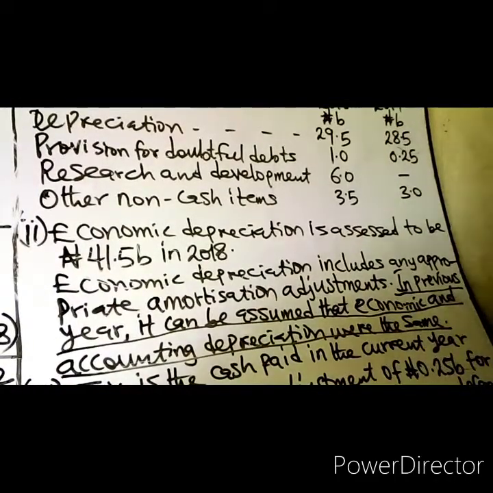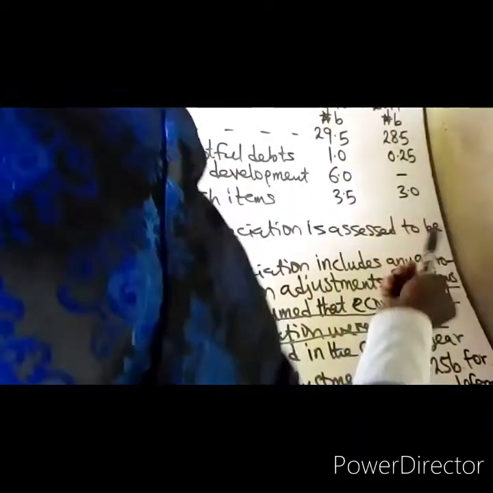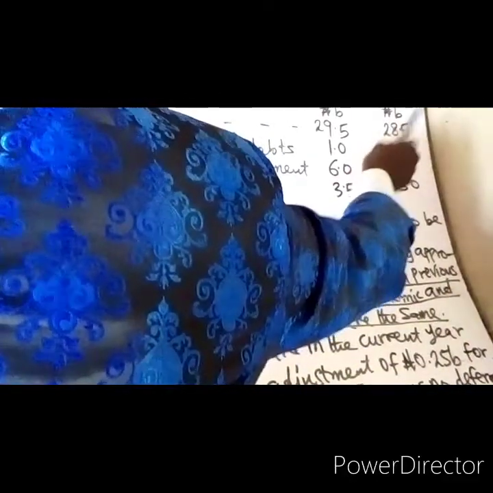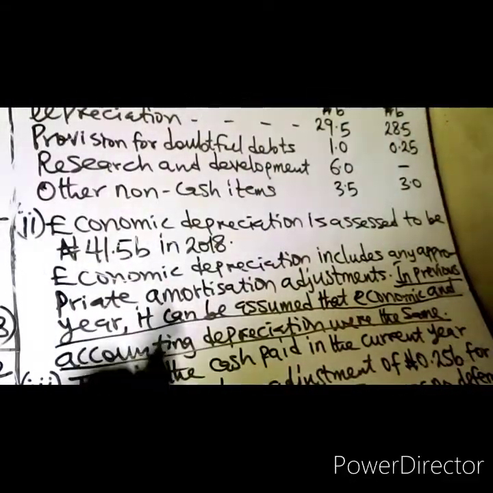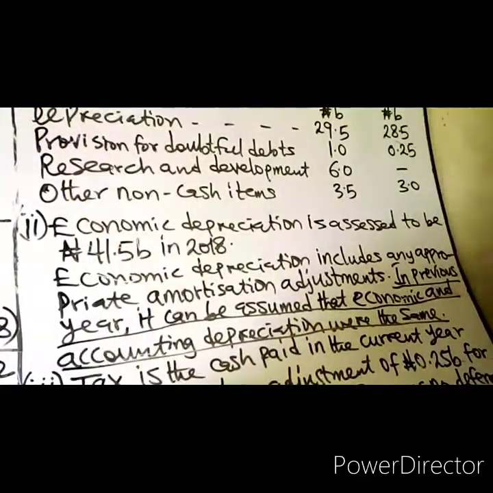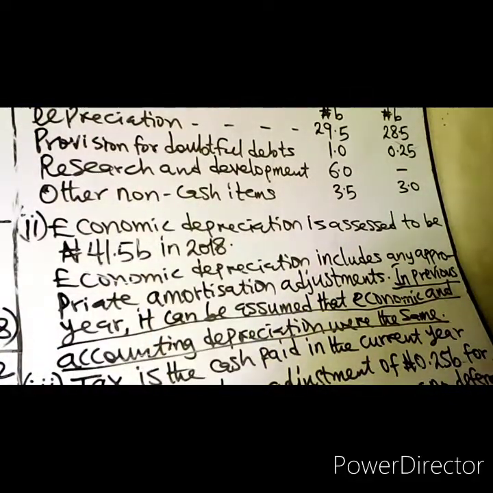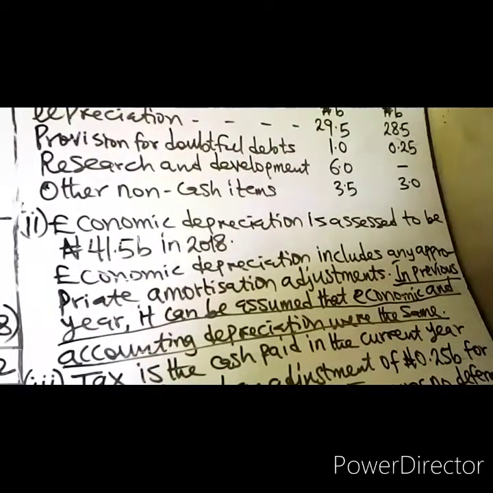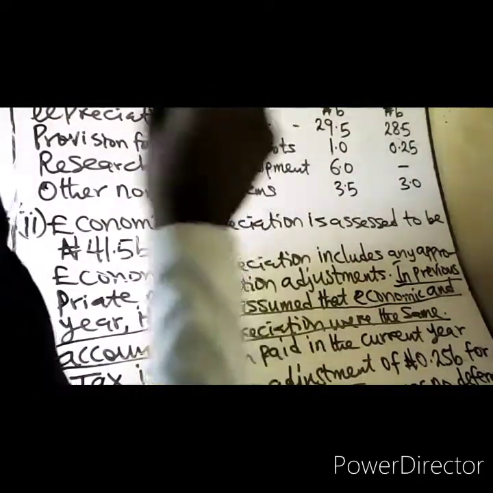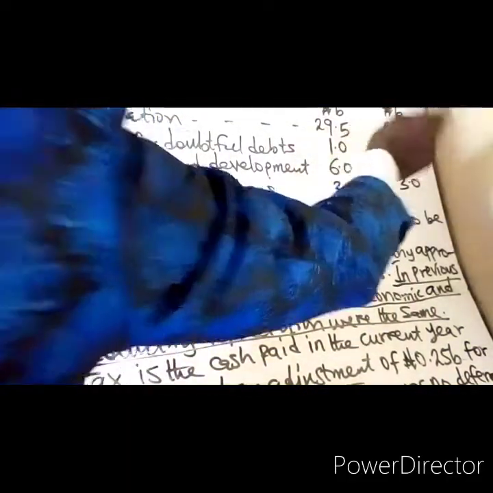Where accounting depreciation and economic depreciation are the same, if you add the accounting depreciation of 28.5, you will still need to subtract economic depreciation of 28.5. The 28.5 is applicable to both, so instead of adding it and subtracting, you can ignore it.